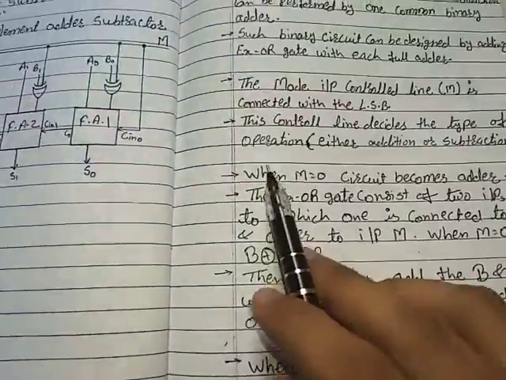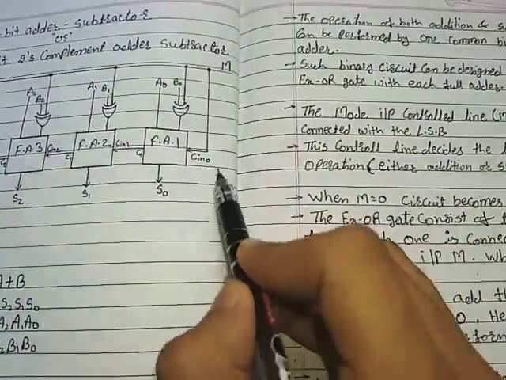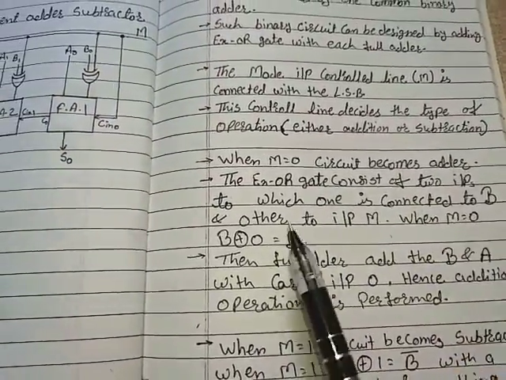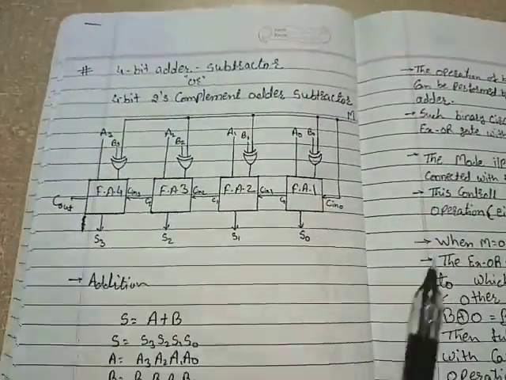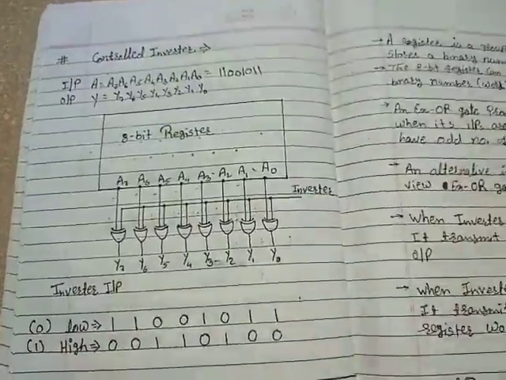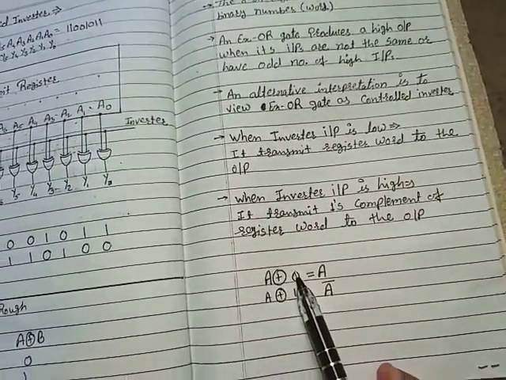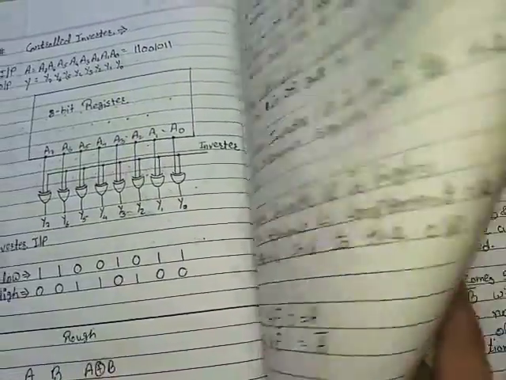Let's see. When M is equal to 0, Cin will be 0. The circuit becomes an adder. Why? Because just now we have learned from the controlled inverter, when the inverter input is low, that is 0, it gives the same output as input.